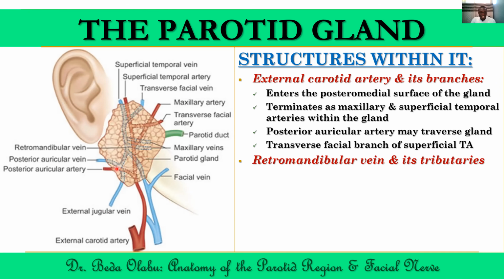Then the second entity is the retromandibular vein and its tributaries. The retromandibular vein is a vein that drains the scalp. We know that it's formed by the union of the maxillary vein and the superficial temporal vein. That union occurs actually within the parotid gland, which means that the superficial temporal vein, which accompanies the superficial temporal artery, is also found within the gland, and the maxillary veins are also found within the gland.